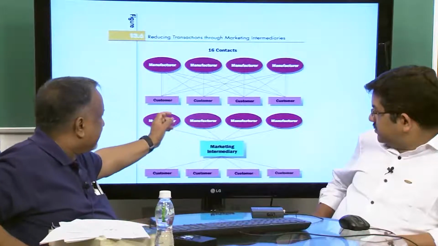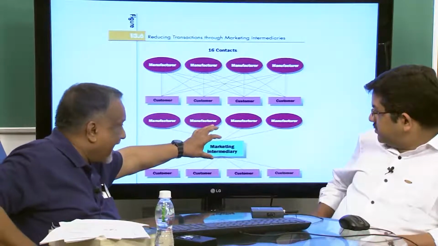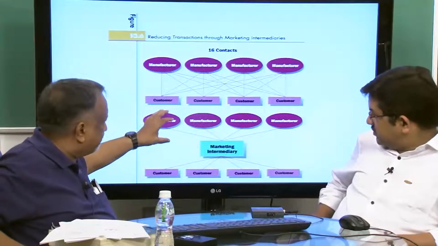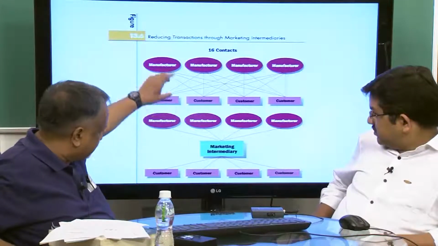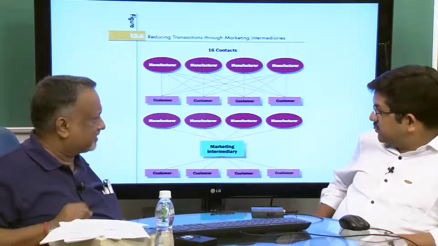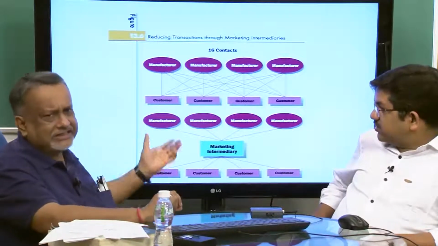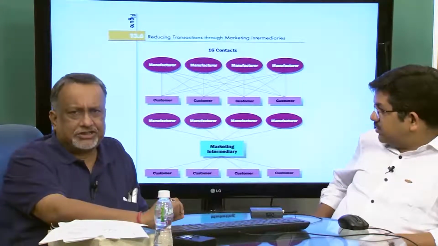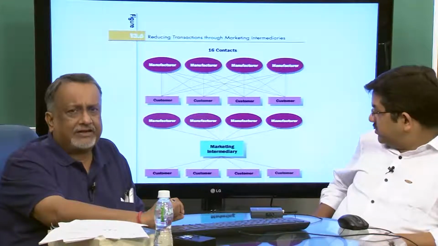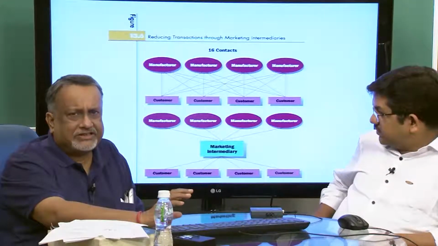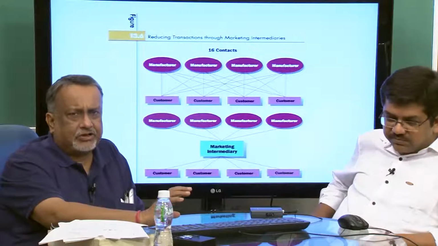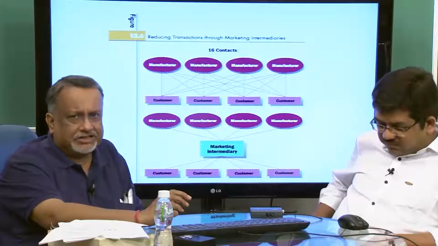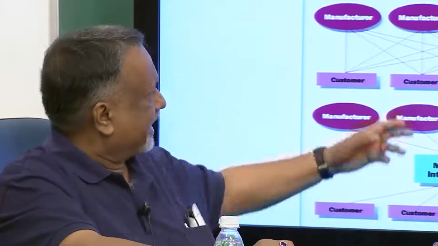But if we create an intermediary who acts as an aggregator of products coming from these 4 manufacturers, then the number of transactions gets reduced to 8. This is based on the transaction cost theory, which says that all businesses basically succeed on the basis of minimizing transaction cost, and that is a driving rationale for all businesses. It shows the driving rationale for why we adopt distribution.